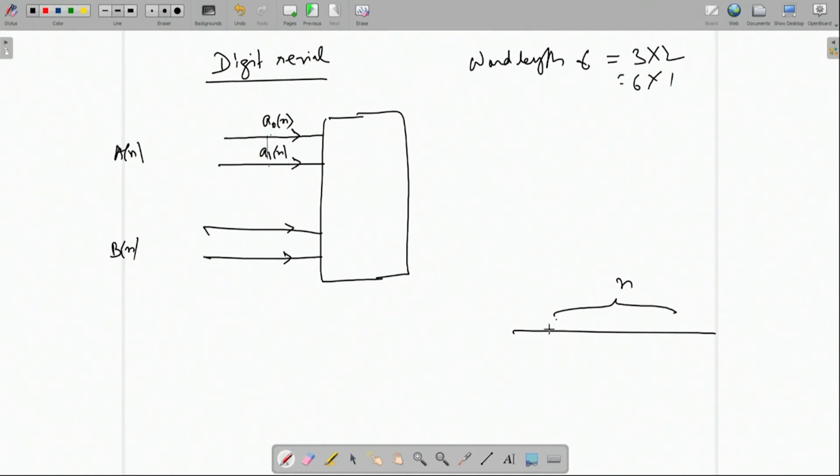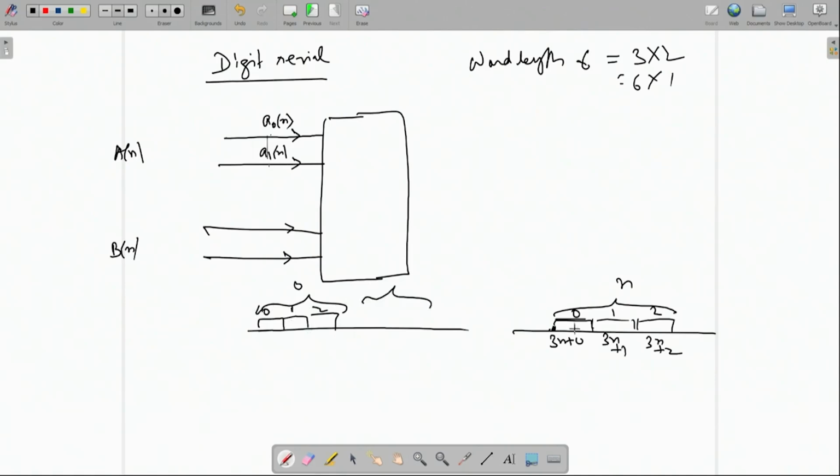So, here the cycle will not be divided 6 times. It will be divided like this: 3n plus 0, 3n plus 1, 3n plus 2. Why 3? Because if you start at 0, you will have 3 digit cycles: 0th, first, second. During 0th, I send in A0n, A1n and B0n, B1n.